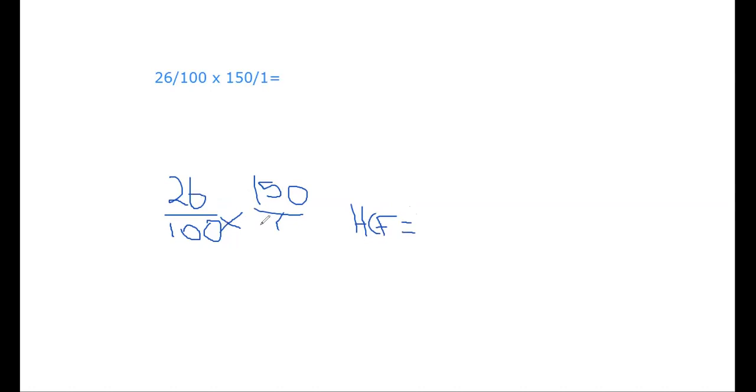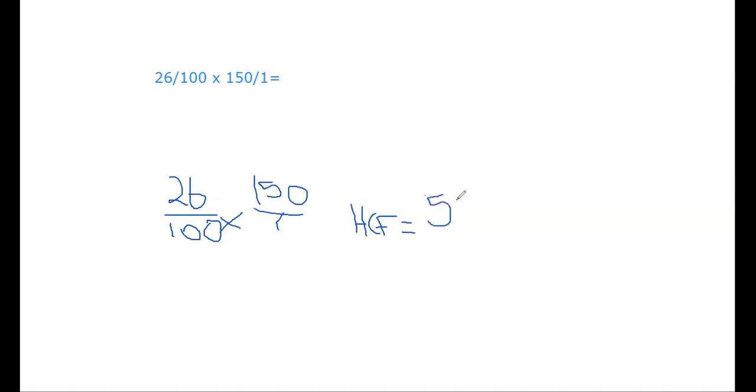But in this case, 26 and 1, what is the highest common factor for 26 and 1? The highest common factor for 26 and 1 is most definitely 1. And 1 won't change anything, right? We know that. And then we have the other opposite numbers, which are 150 and 100, right? So in this case, our highest common factor for 150 and 100 is, yes, you got that correct, 50.